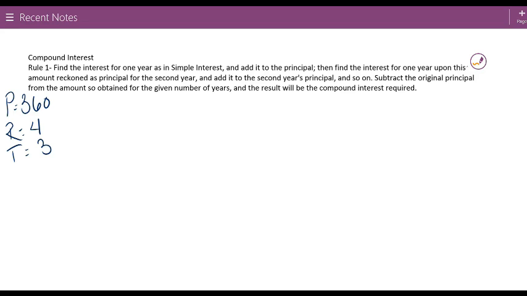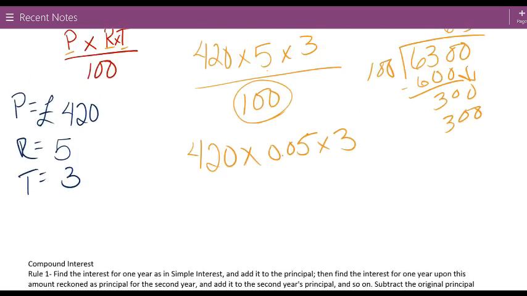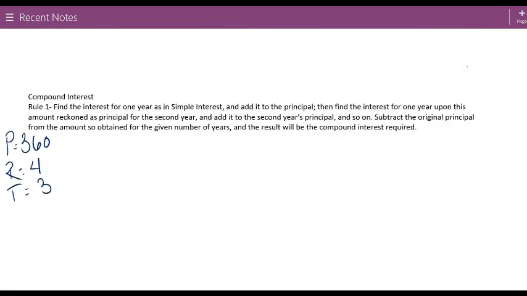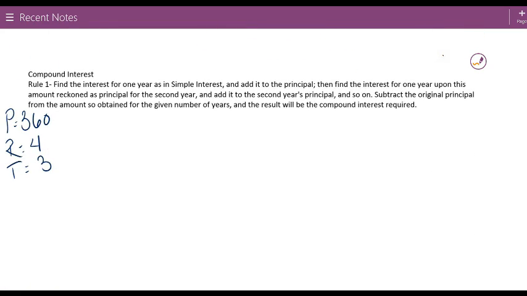Okay, so our numbers from our text. The principal was £360, the rate was 4%, and the time was 3 years. So using our formula from before, principal times rate times time divided by 100, we're going to have principal times rate.